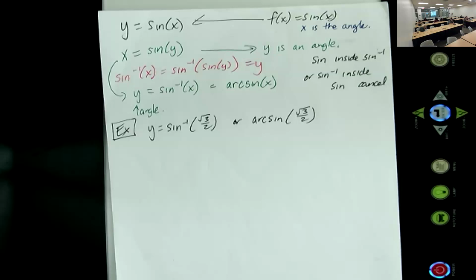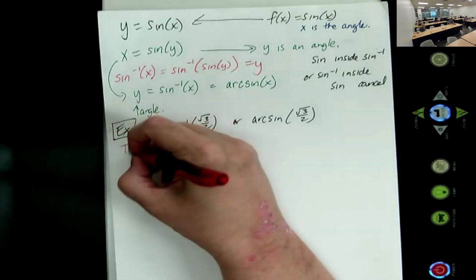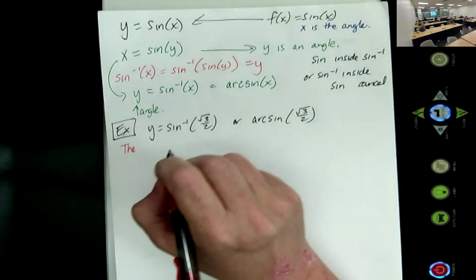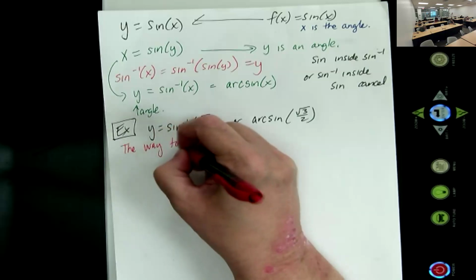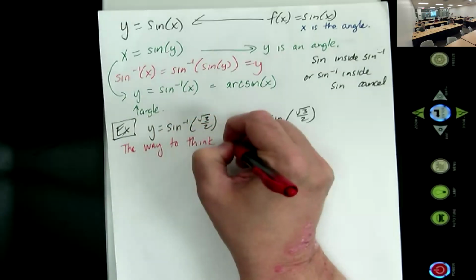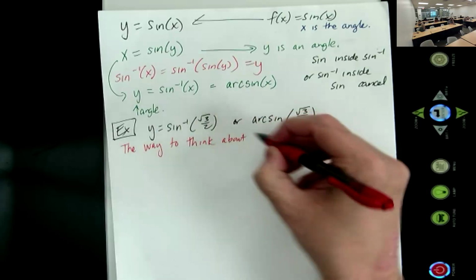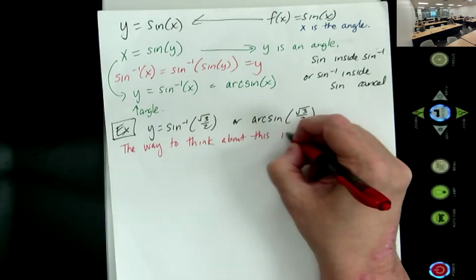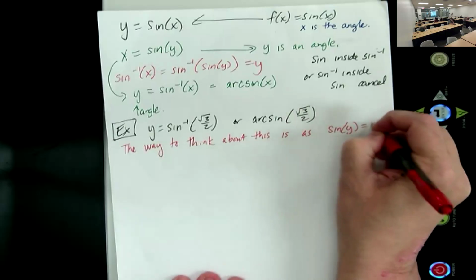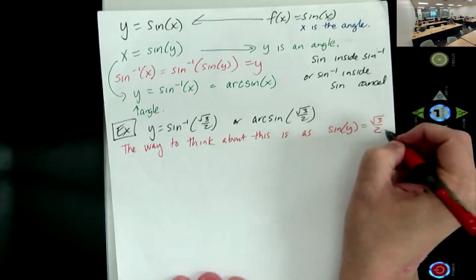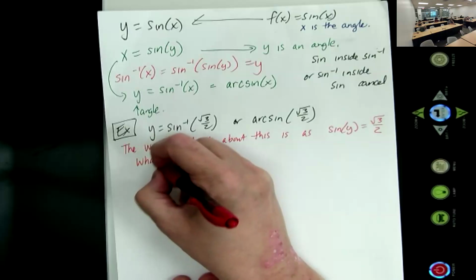The way to think about this, well, the approach I use, is as sine of y equals square root of 3/2. What does y need to be?